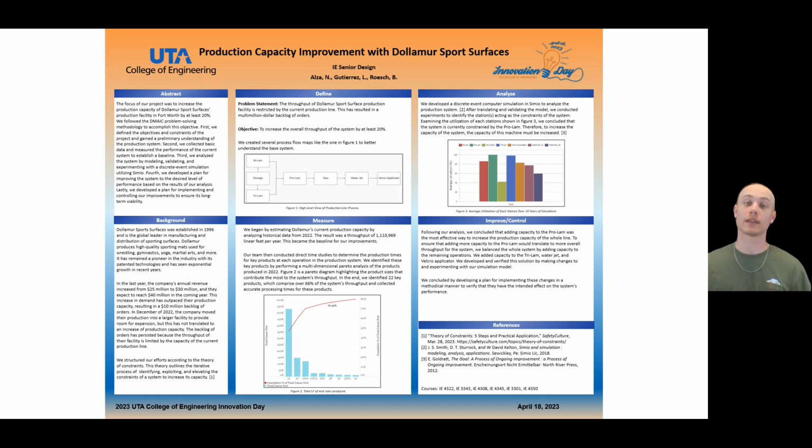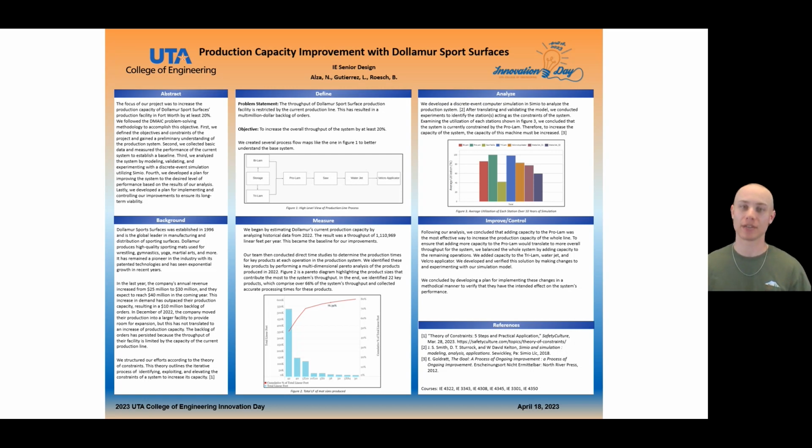We did this by conducting a multi-dimensional Pareto analysis that was very thorough. Once we identified these key products, we conducted direct time studies at the production facility itself to estimate the processing times for each of the products at all of the operations in the system.